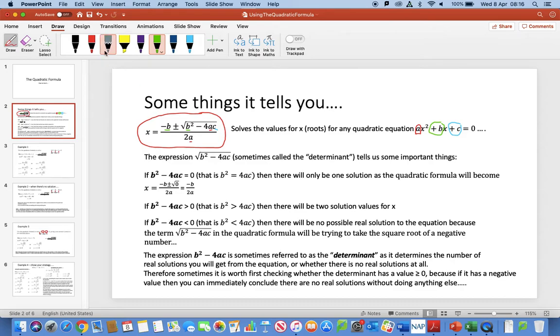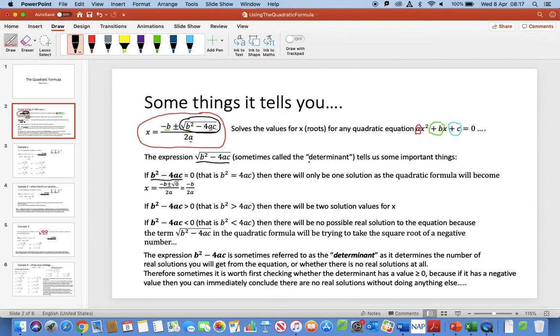Now, before we get into using the formula, there's a few things that I wanted to talk about. An important aspect of this formula is this bit here, the b squared minus 4ac square rooted, the square root of all of that. Now, that's a very important expression in terms of solving a quadratic equation.